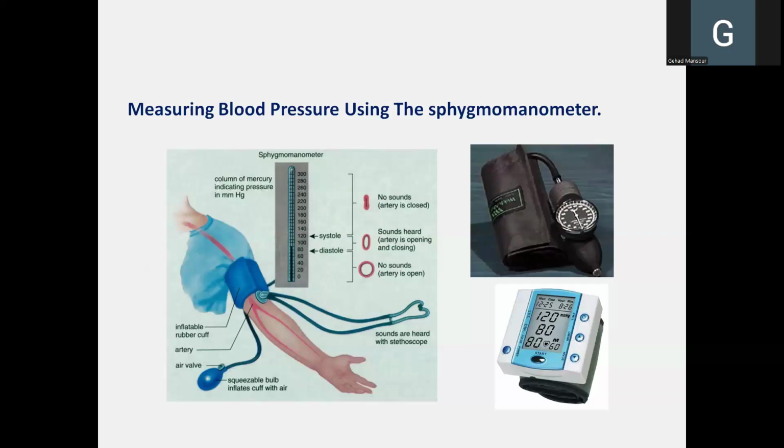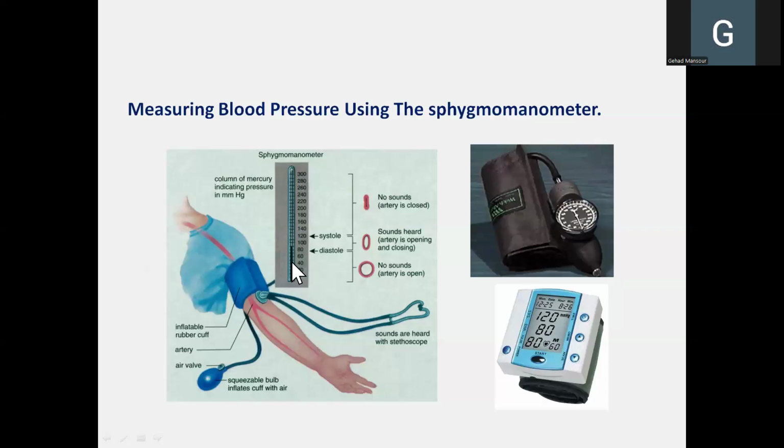What is the explanation for this? The explanation is that when you start the procedure, when mercury is still here, for example, at 40, the pressure applied to the artery here is almost negligible, so the artery is fully open. And when the artery is fully open, the blood flow is smooth, so you don't hear any sound because there is no turbulence.